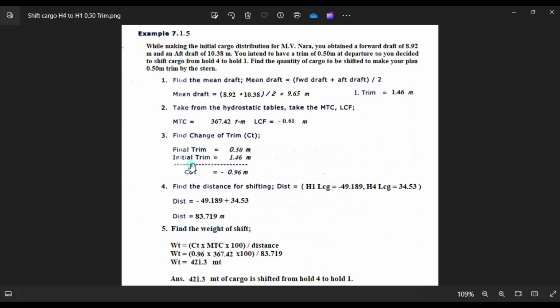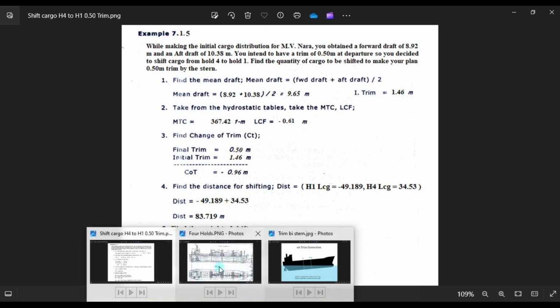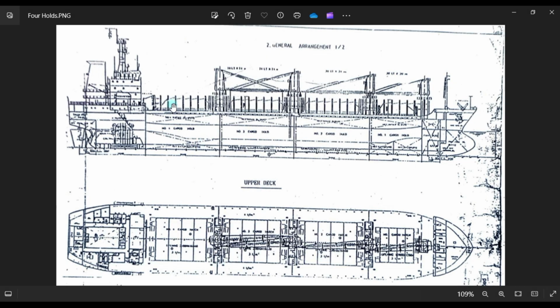Now, you have to find the distance for shifting the cargo. Okay. The distance we're talking about here is the distance from the middle of hold number 4 to the middle of hold number 1, the LCG here.